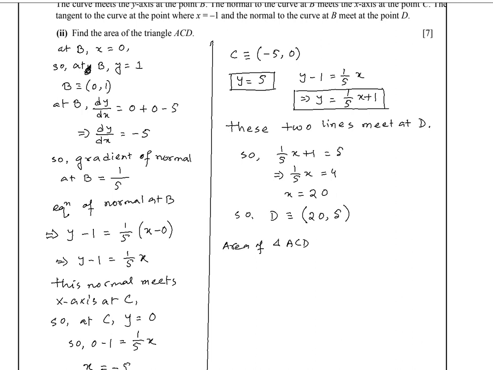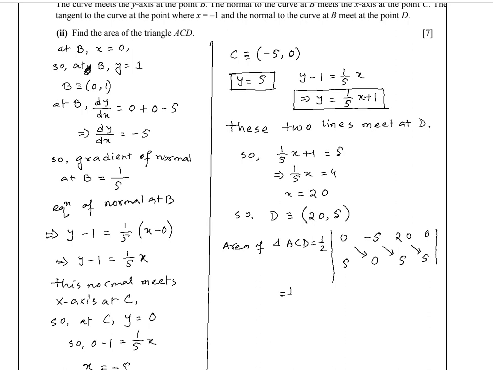Area of the triangle ACD equals half times the modulus of, using the formula, the x coordinate of A, y coordinate of A, then the x coordinate of C, y coordinate of C, and then the x coordinate of D, y coordinate of D, and then again the x coordinate of A and y coordinate of A. Now the arrows suggest the terms to be multiplied.